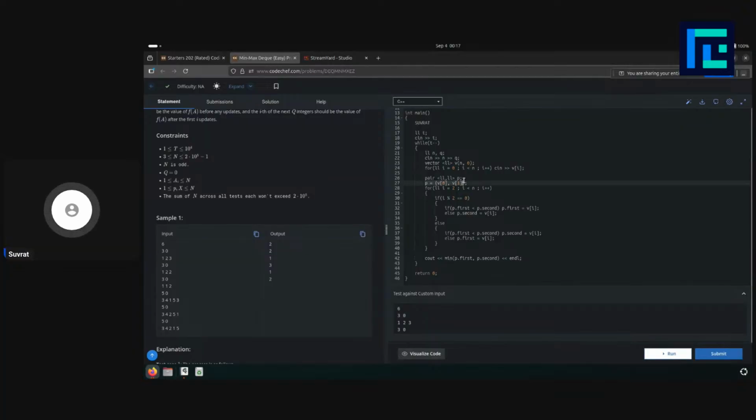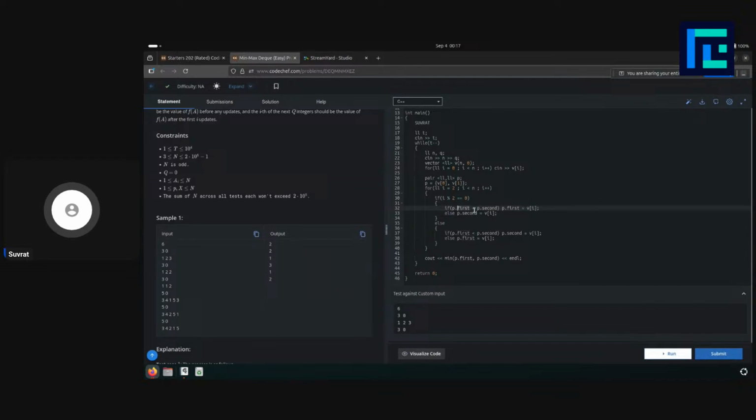Initially the borders would be v0 and v1. I am taking input in a zero based vector, so v0 v1 would be the borders initially, and then from 2 till n we will perform the moves. If i percentage 2 is 0, that means it is Alice's move. If it is Alice's move, we will replace the smaller element.